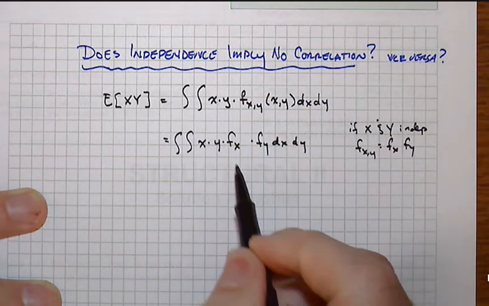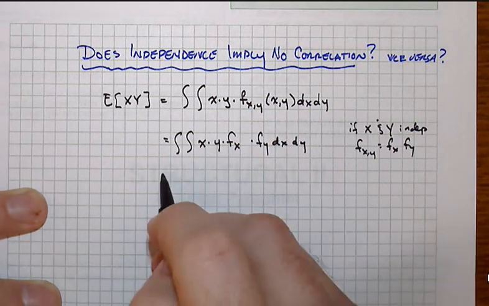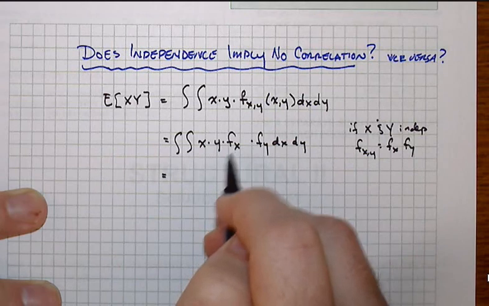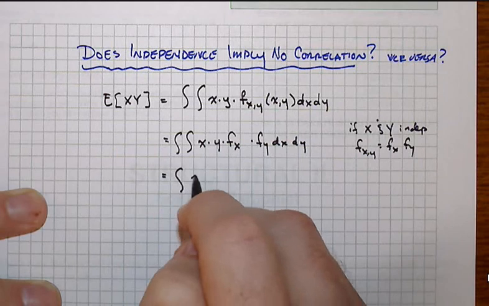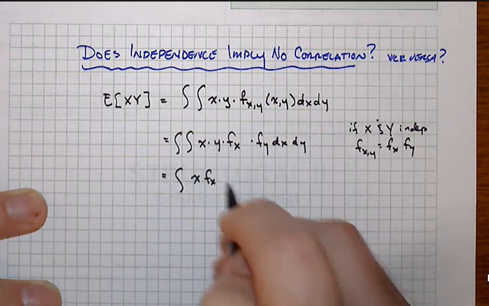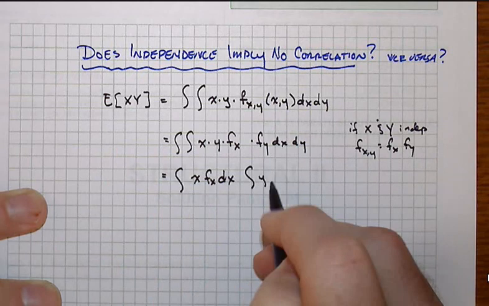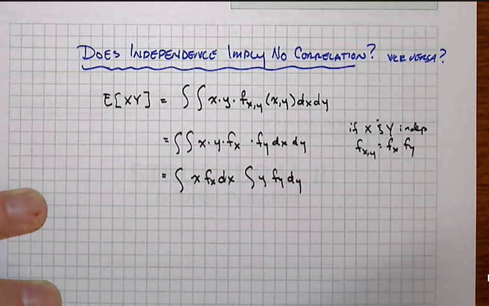Remember, these are truly and totally independent, which means that this f_X is not a function of Y anymore, so it can be pulled out, and we can segregate terms that are just about the individual functions.